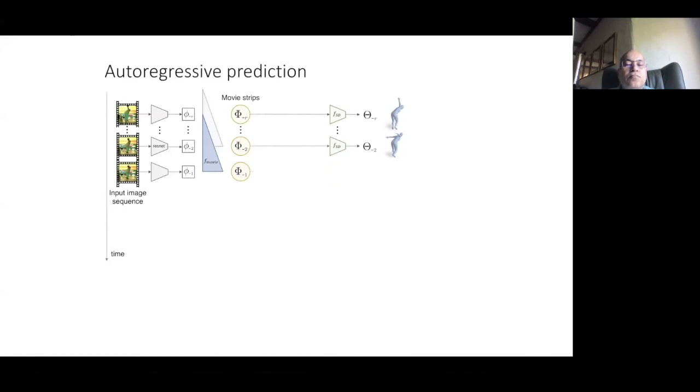In order to predict into the future, we train an autoregressive model, which is a temporal convolutional network that uses the past movie strip representations to predict the next movie strip. This newly predicted movie strip then becomes one of the inputs to the next frame prediction, which may continue repeatedly in succession.